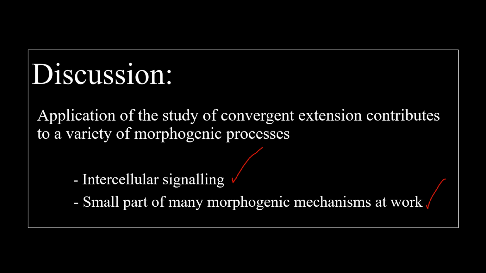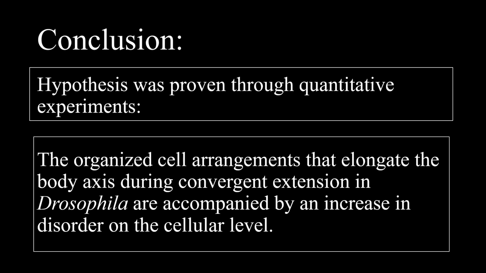So helping us understand how this one works can help us understand how all of them can work together. So, conclusion: the hypothesis was proven with quantitative experiments. And if you're watching this, you might be doing a project similar to this one, and we are trying to see how, as the sex comb moves, it reorganizes the entire tissue.